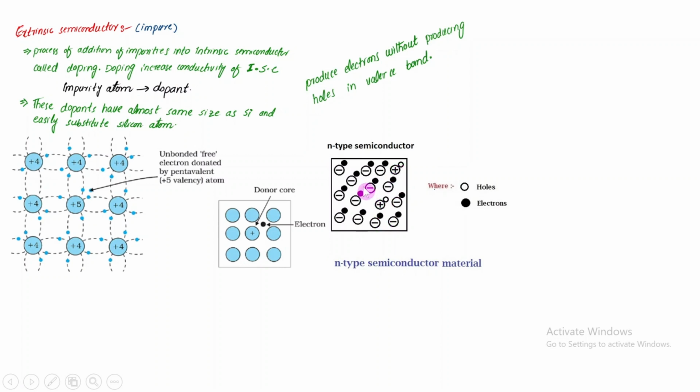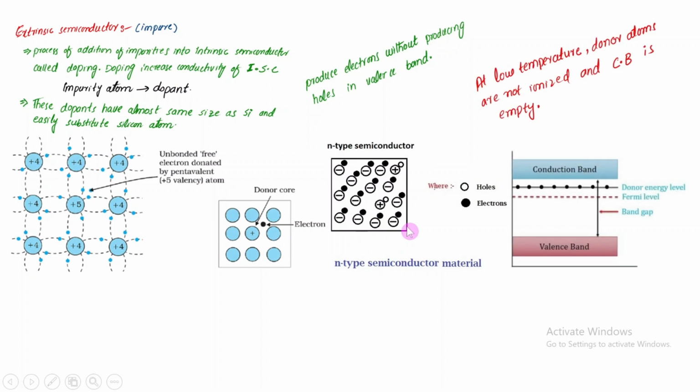This is the positive core and these are the negative cores, and these positive cores represent the donor core, which is actually phosphorus. The energy band diagram for the n-type material is given by this. We have the valence band and the conduction band, and here we have added an element from group 5 into the group 4 crystal.